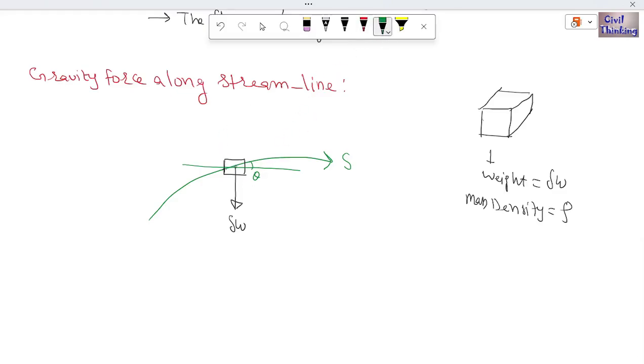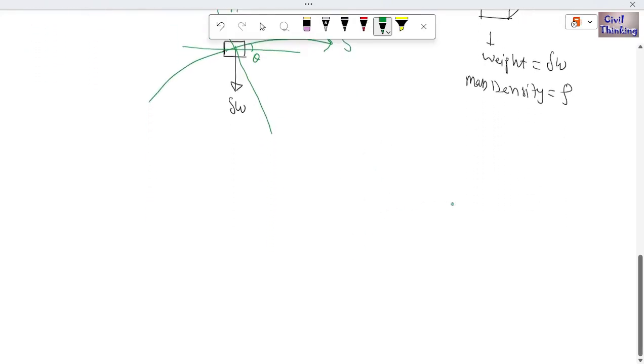Now let's consider a normal line, and we'll write it as n, because when we have a streamline, we can find the other factors like the gravity force and the pressure force along the streamline and also normal to the streamline.